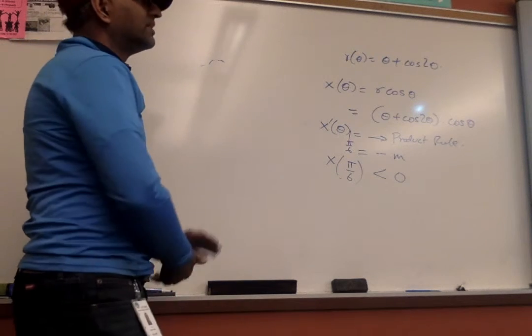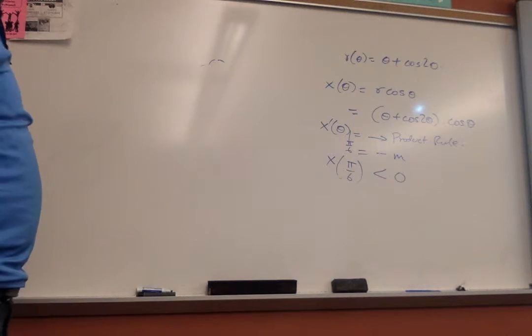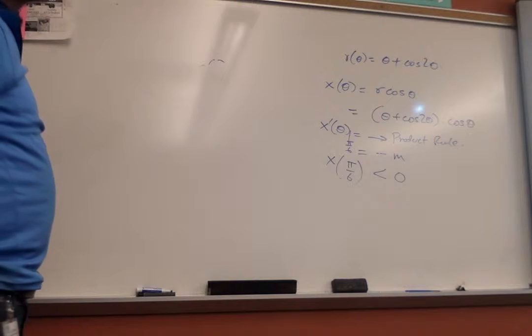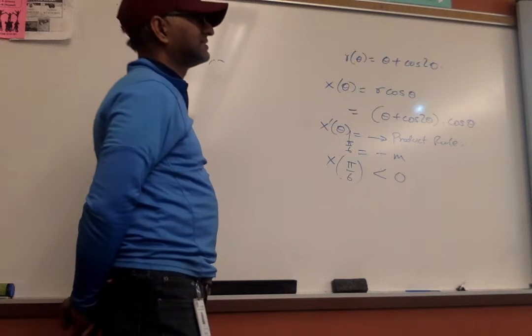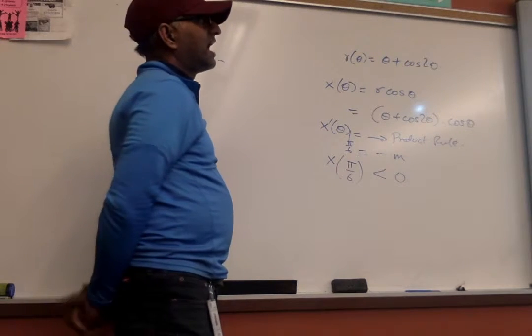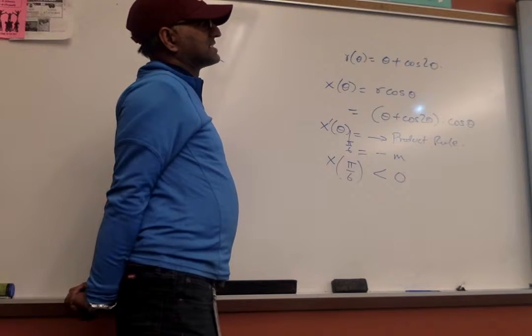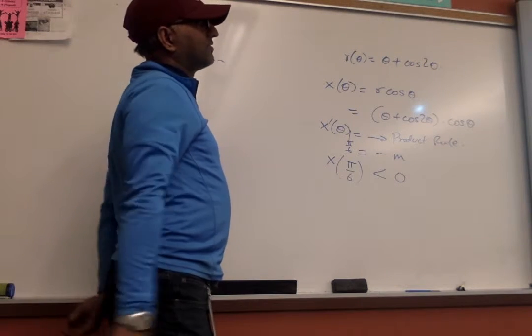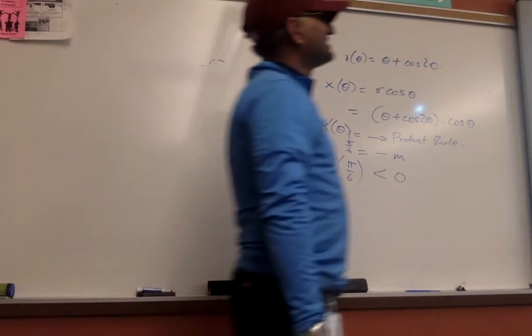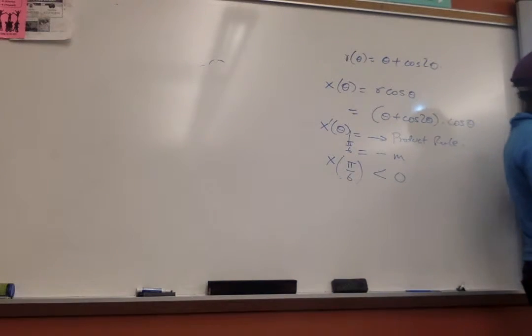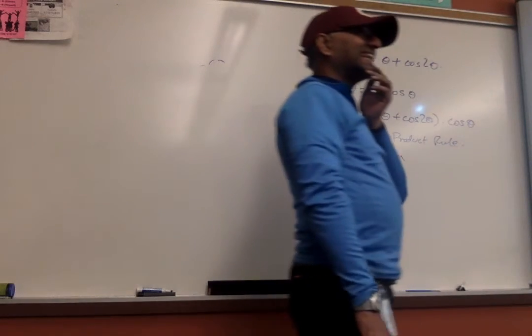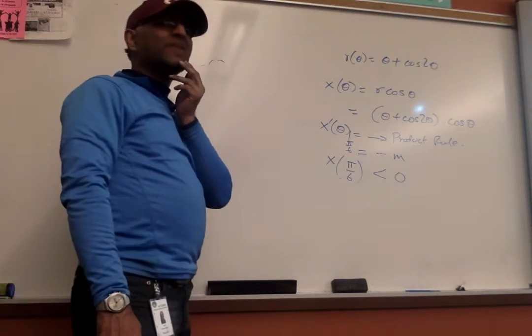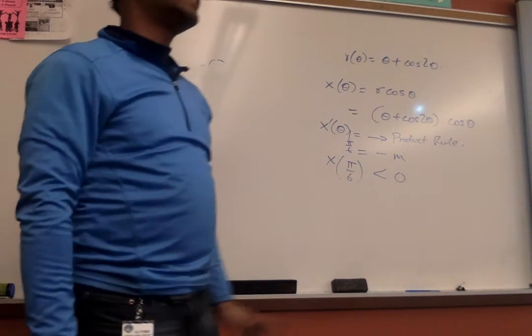So let's write a conclusion. Since x of pi over 6 and x dash of pi over 6 have the same signs, at theta equal to pi over 6, the distance of the object. Oh, who remembers what we call x? X is the distance from the y-axis. You guys remember? Okay, at least some of you do.